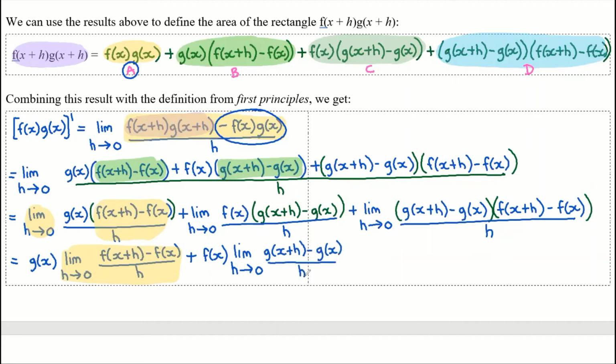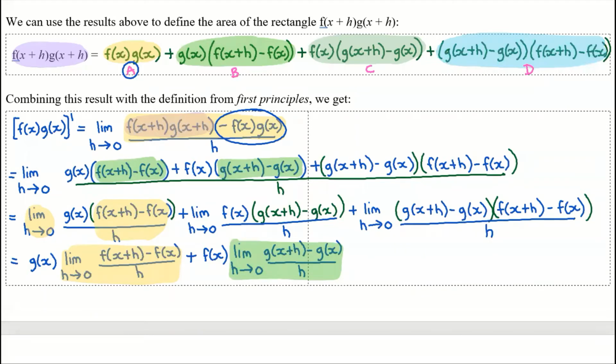And once again, there we have the definition of the derivative of g. This is exciting stuff, isn't it? So the question is, how do we deal with that final term?